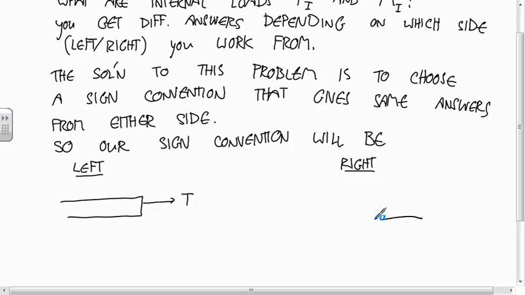And if you're working from the right, that same value T is going to be represented pointing to the left out of the cut.